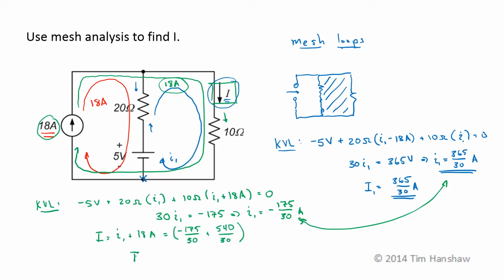So now my current I is 540 minus 175, which is 365 over 30 amps. And the actual physical current is the same regardless of how I define my constrained loops.